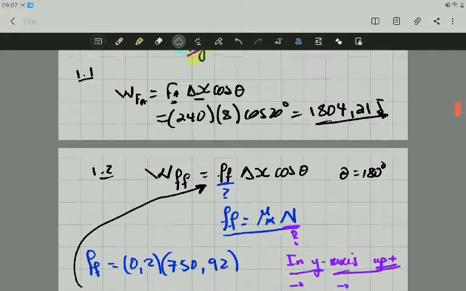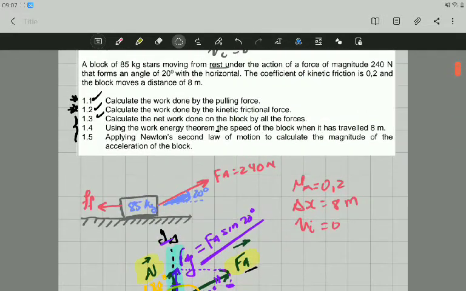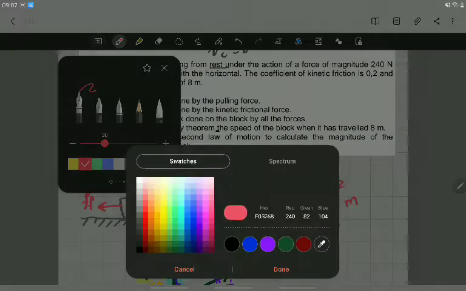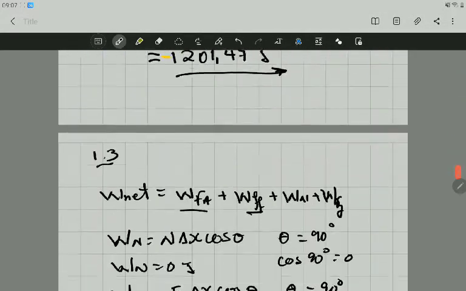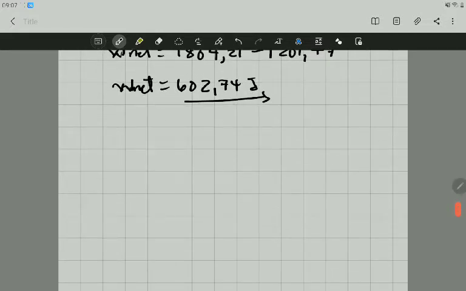In question 1.4, they ask to, using the work energy theorem, calculate, the word is missing there, calculate the speed of the block when it has traveled 8 meters. Right, so let's go quickly to answer that one. 1.4. Work energy theorem. Let's recall what the work energy theorem states.